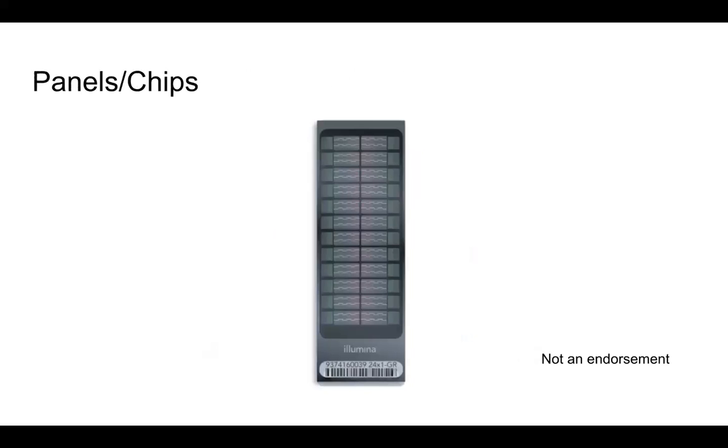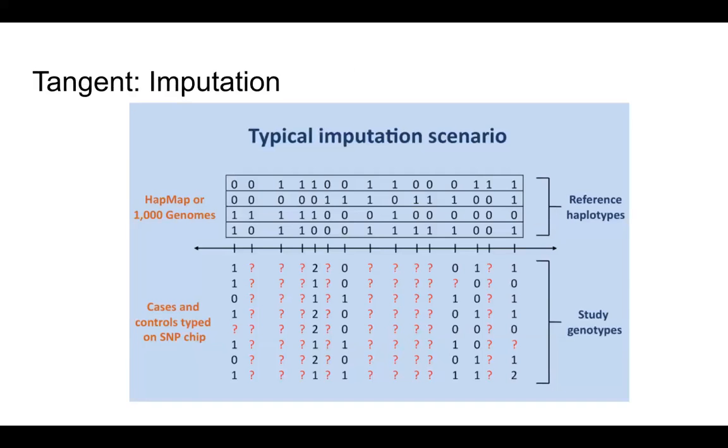It will sequence about 1 million variants. If you buy 1 million of these chips, you can get them for $30 a piece. So you could screen 1 million people, getting 1 million variants off of them. A lot of custom chips now are based on this chip. Again, this is not an endorsement of Illumina. They're just a huge player in this space, so their stuff is worth mentioning.